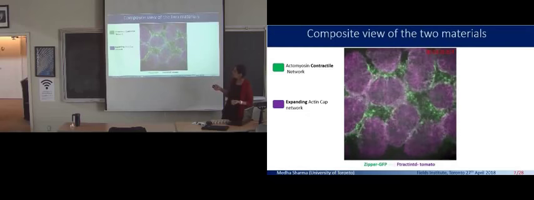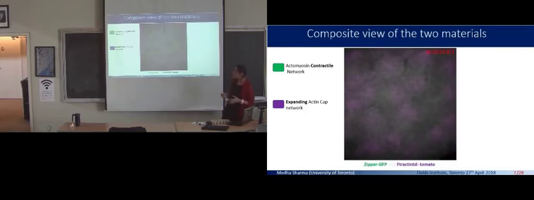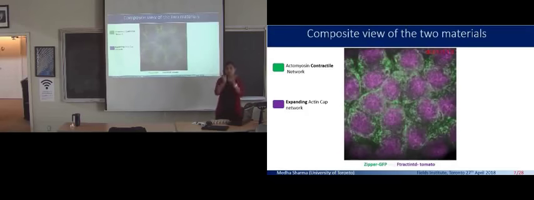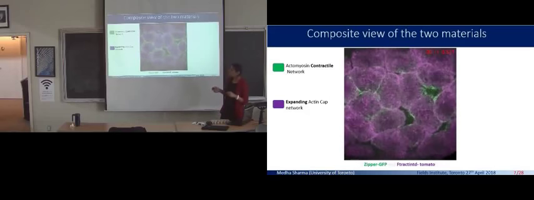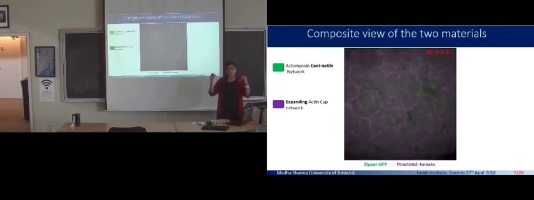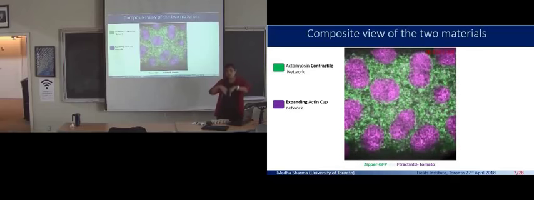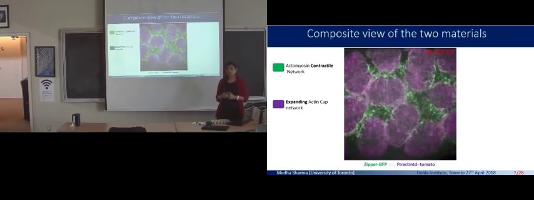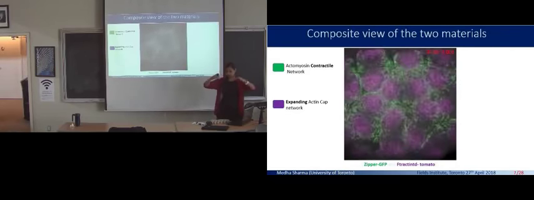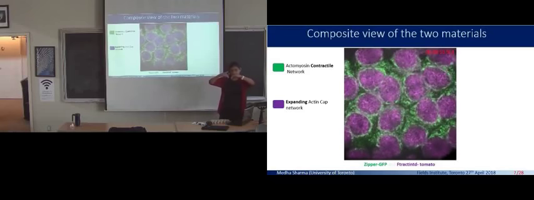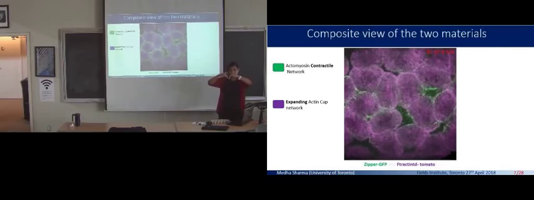In the purple, we have the actin cap material, which is expanding outwards, and the other is the green material, which is the contractile network, which is contracting on itself and becoming thinner each time, and also going down in 3D. It becomes thin because it goes down in three dimensions. Because it's spread and then it contracts, and when it contracts enough, it goes down.